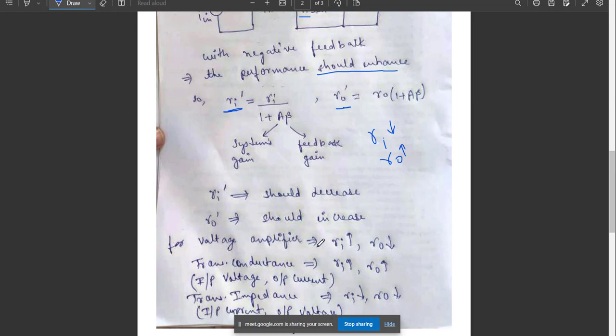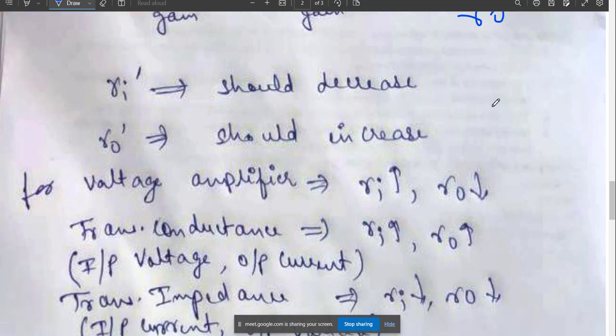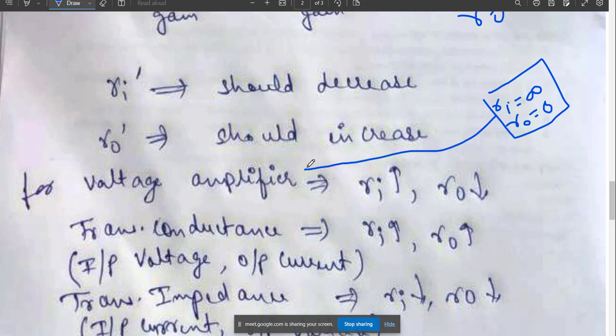In an ideal voltage amplifier, Ri is equal to infinity and Ro is equal to 0, because we want all the voltage at the load end, at the output end. This is what we want. The idealistic characteristic is something like this for a voltage amplifier.